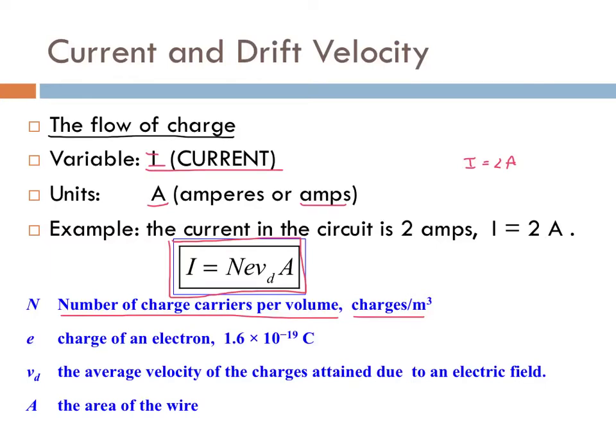And v is the average velocity of the charges attained due to an electric field. Remember that an electric field is produced by a positive and a negative plate charge, in this case, a battery. So it's going to create a potential difference between that battery, and that electric field is going to cause charges to move. Also, A is equal to the area of the wire.